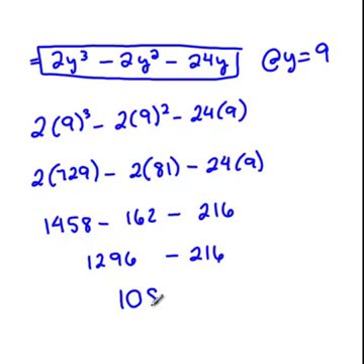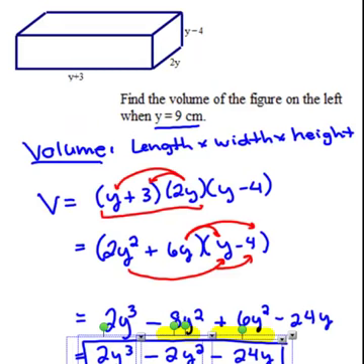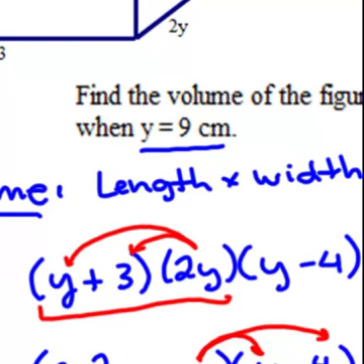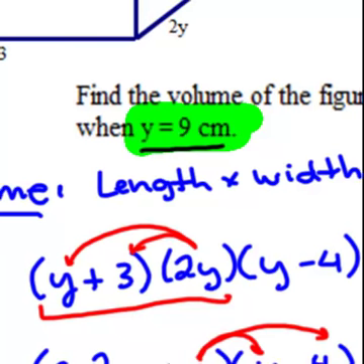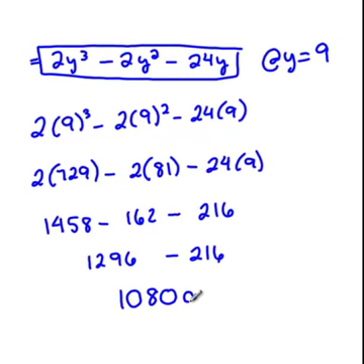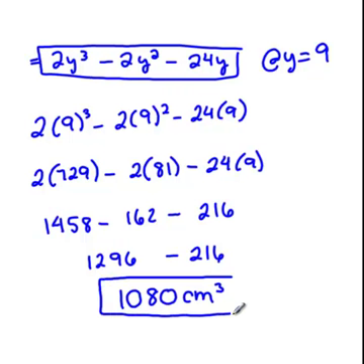Last thing I need to do is figure out what the units are for this. I know it's 9 centimeters. It says right here. Luckily, they gave us that good information here. Y equals 9 centimeters. So my final answer will be in centimeters. And because it's volume, it's going to be cubic centimeters, because volume describes how many cubes will fill up a space.